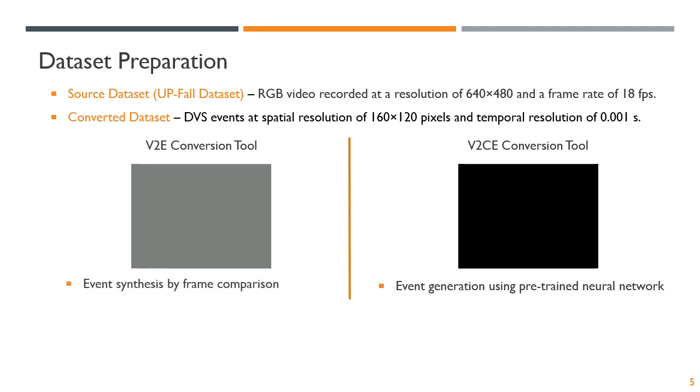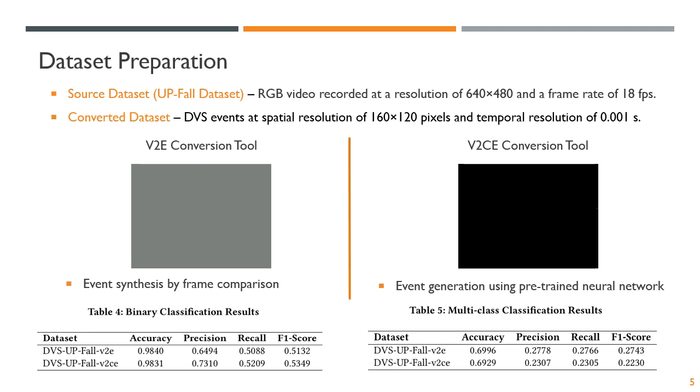As you can see, these tools follow two different methods. While V2E uses a mathematical model, V2CE uses a pre-trained neural network. When comparing the results, we cannot identify a clear advantage of either tool over the other. So the V2E dataset was used in the following experiments.